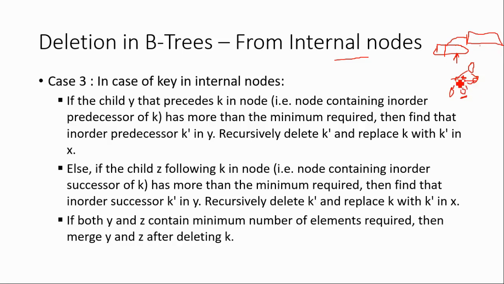Now we can simply remove the node which now contains the deleted element. Now that process can undergo recursion because it may not always be that the in-order successor is a leaf. So we have to proceed accordingly.